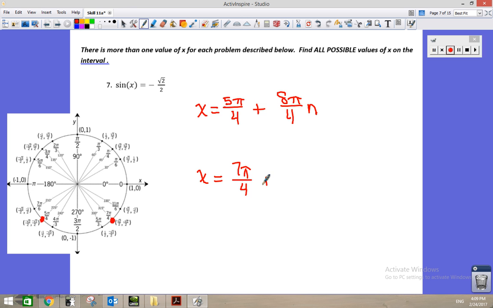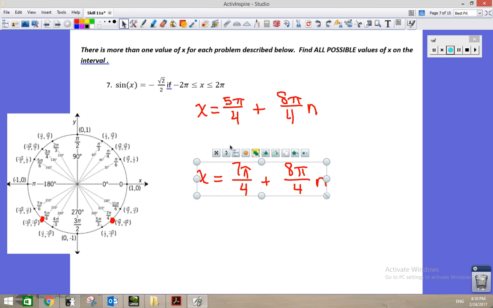Any angle that's coterminal to it, I can write infinitely many by letting n be any integer. That's not what they wanted, however. They wanted me to look between negative 2 pi and positive 2 pi. All right?